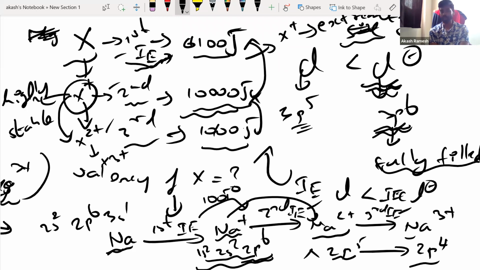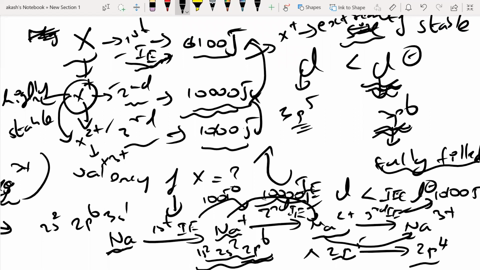Now Na plus becomes very stable, so obviously I have to supply a lot of energy, 10,000 joules. From Na2 plus to Na3 plus it is again fine, a little more energy, around 10,100 joules. So tell me. Sir, ionization enthalpy of Na4 plus will be greater than Na5 plus, right?